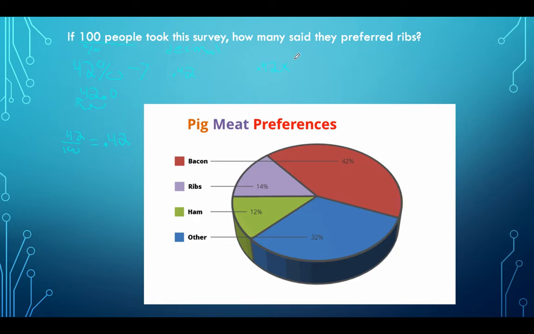So 100 people. 0.42 times 100 equals 42 people. Now it worked out that way because there's 100 people, so it's a nice number. In fact, it's so nice it's the same as the percentage. It's not always going to be like that. I'm not sure if your homework is exactly like that. Just know you can convert the percent to a decimal and multiply it by the number of people. So based on this survey, if 100 people took it, 42 people would have answered bacon.